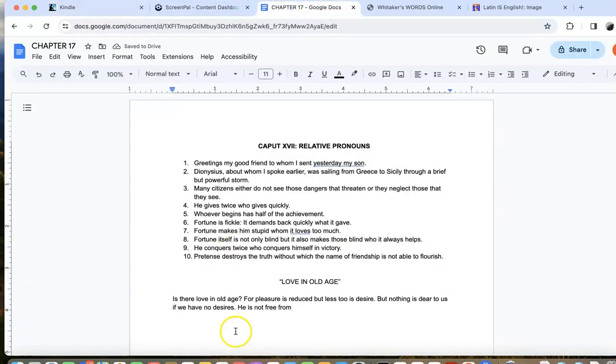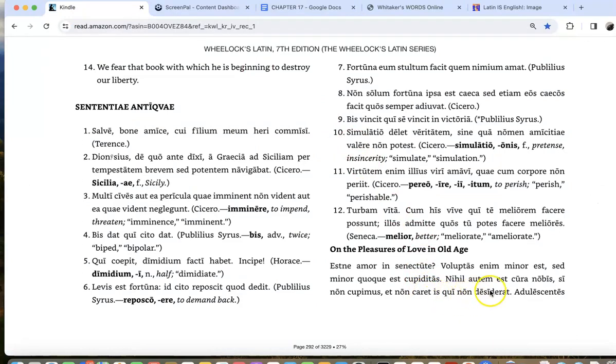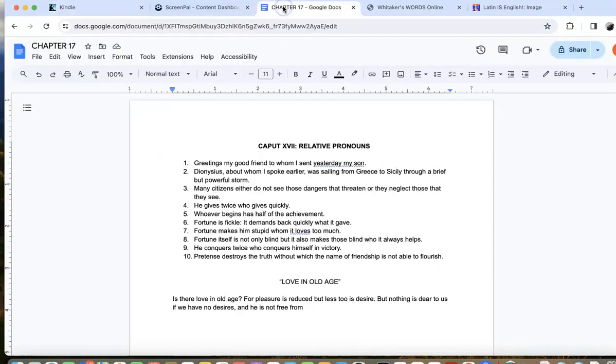Let me get the punctuation right. Now we have our relative pronoun coming up. And he is not free from care who has not desired. So again, it just kind of loses a little bit in translation. And he is not free from care who has not desired.